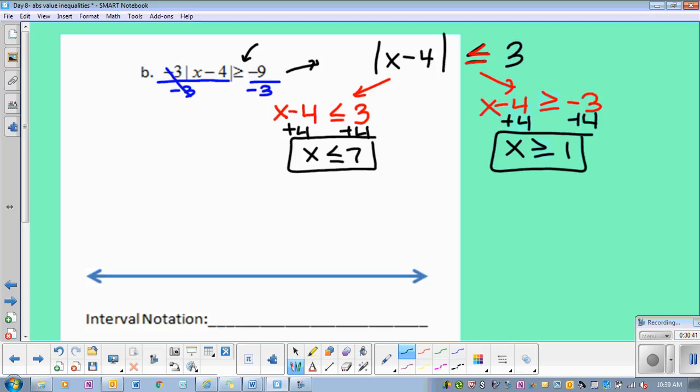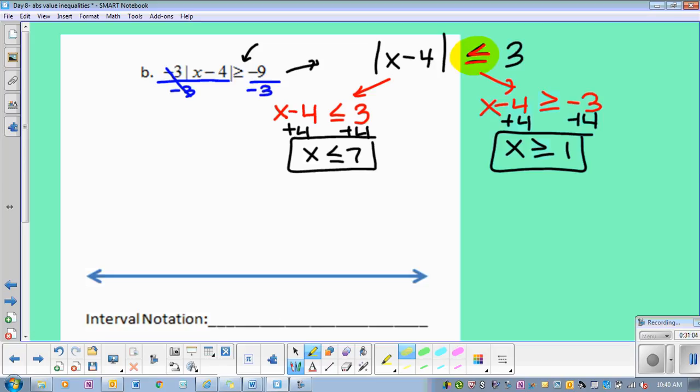Now, here's the question for you guys. Is it and or is it or? Which one do you look at? Do you look at the original problem or do you look at it from where you dropped the bars and wrote it twice? Good. You have to look at it from where you dropped the bars and wrote it twice. That's a less than.